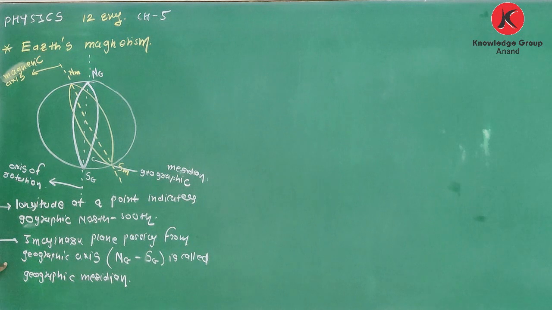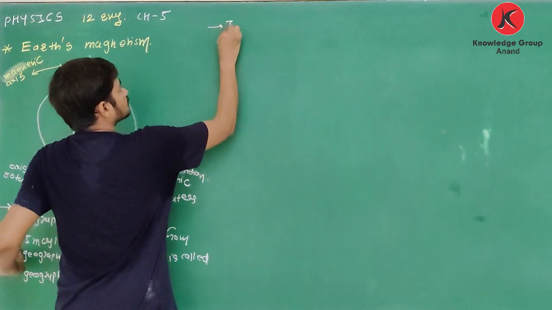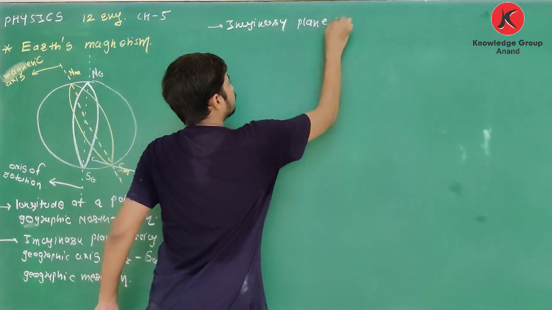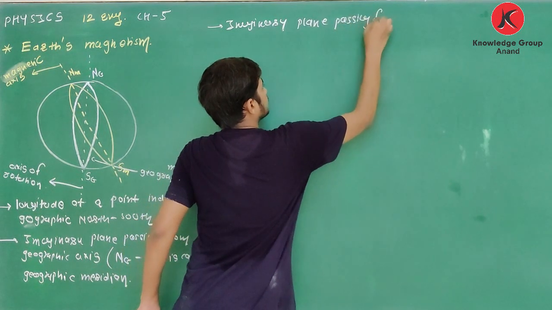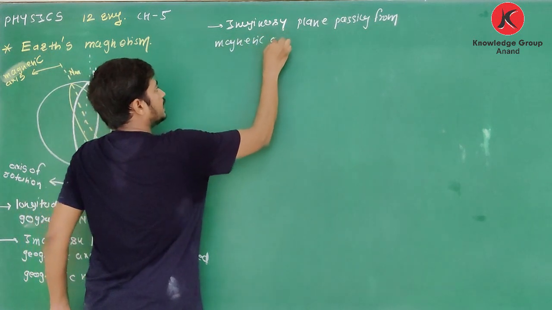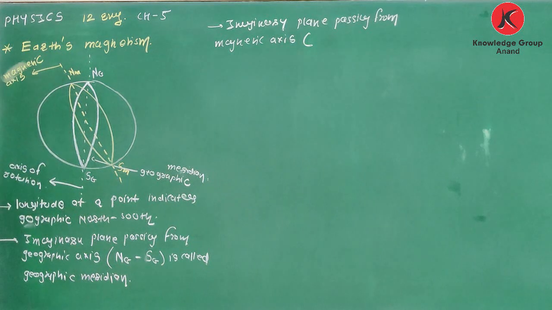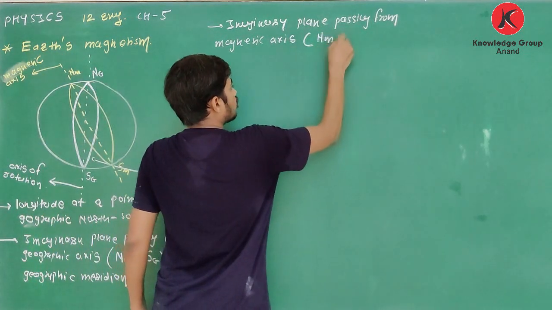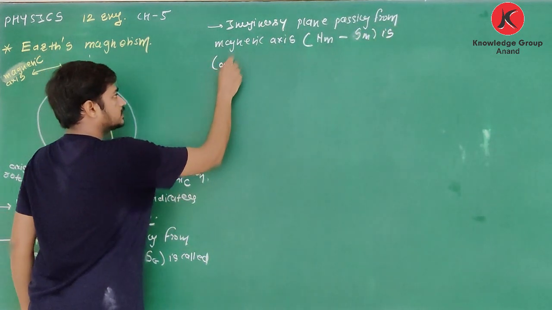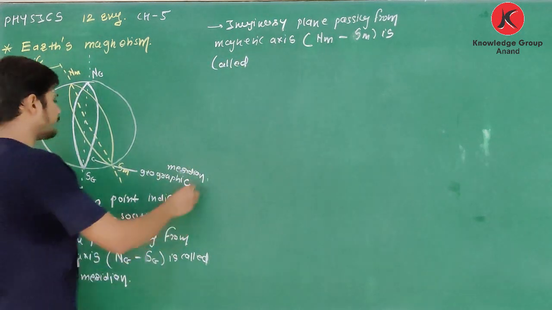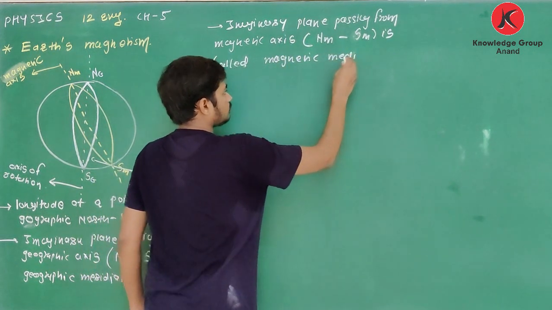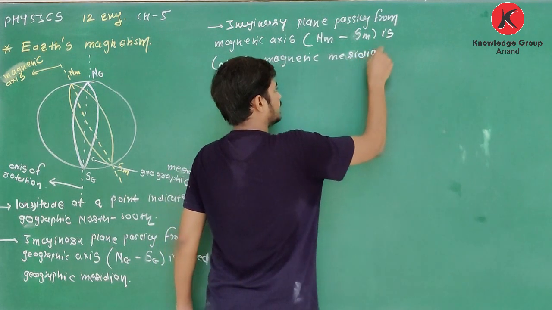A similar definition: an imaginary plane passing through the magnetic axis, or in brackets magnetic north and magnetic south, is called the magnetic meridian.